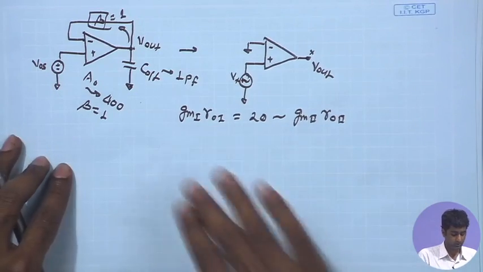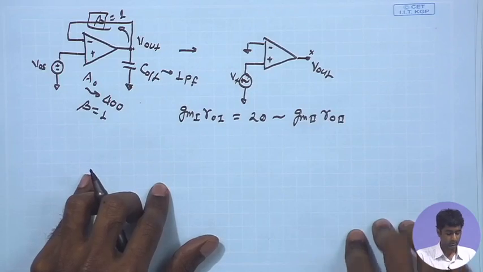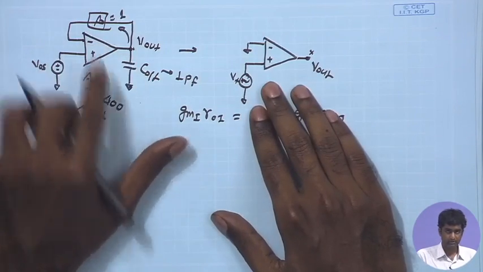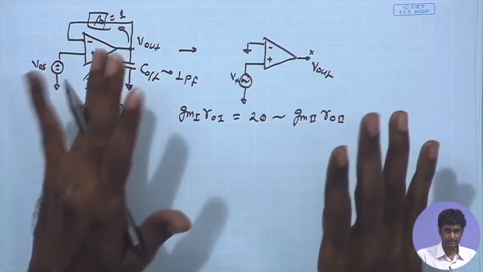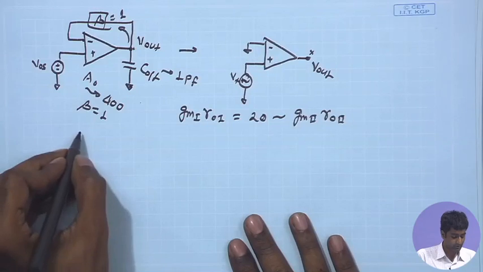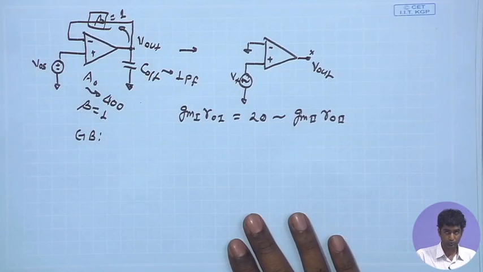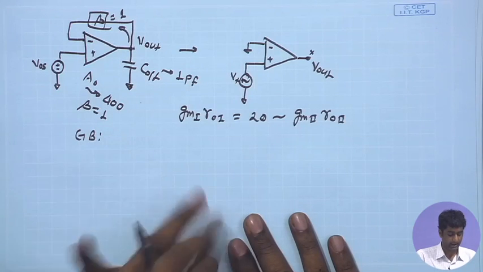And also in the closed loop case, we know that in order to have sufficient stability, we have derived the criteria for stabilizing the closed loop operation. The gain bandwidth product for the closed loop condition depends upon the compensation capacitor and the GM of the first stage.